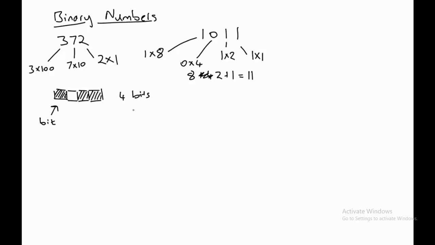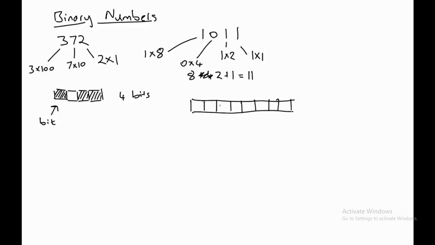So that's binary numbers for you, and the other thing I want to mention is that bits in the computer's memory are organized into bytes. So a byte is 8 bits, so let's have 1 2 3 4 5 6 7 8. So we've got 8 cells here.